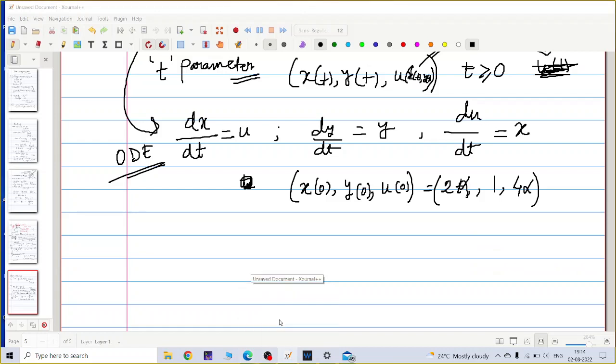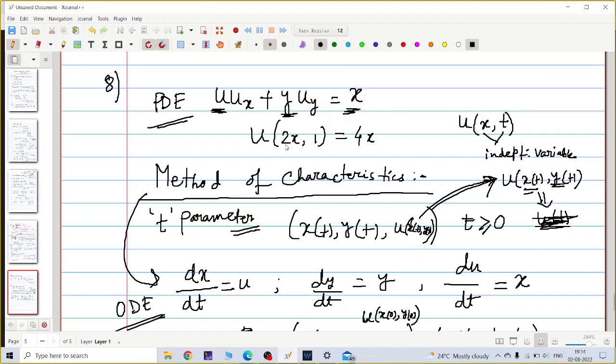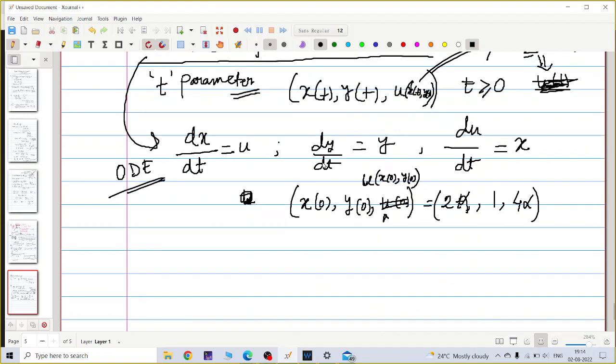Here we are looking at the curve (x(t), y(t)). I have to write u of (x0, y0), not u of 0. That is 4 alpha. It is given initially: u of (x0, y0) is 4 alpha, where I took x0 as 2 alpha and y0 as 1.